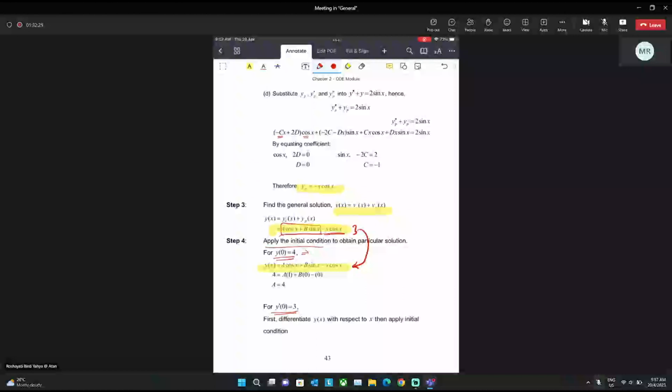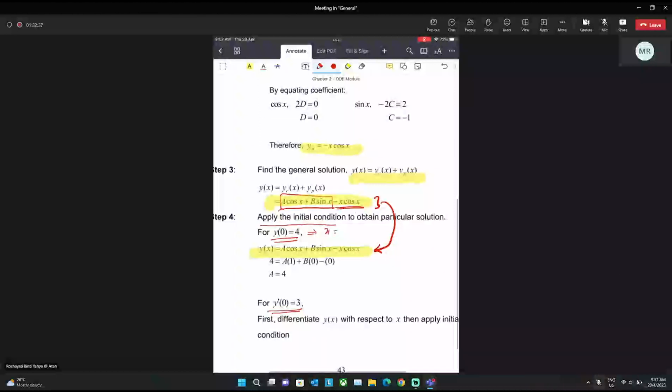After dapat y equal to yc plus yp, and then masukkan, okay, substitute your x equal to 0, y equal to 4. Okay, so here y(0) equal to 4, sebab dia punya konsep here y(0) equal to y. Okay, yang inilah.